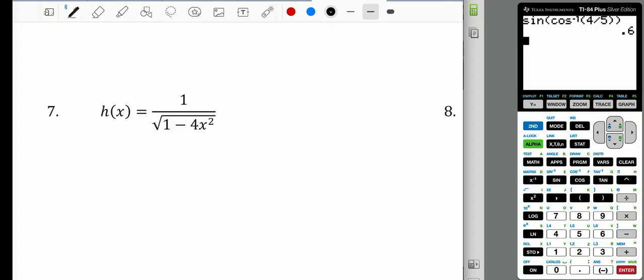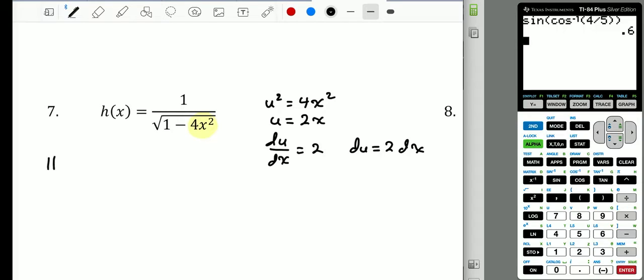So the next one looks like inverse sine, so I'm going to let u squared be equal to 4x squared, which would make u equal to 2x. Du dx would be equal to 2, making du equal to 2 dx. H is going to be equal to 1 over the square root of 1 minus 4x squared dx.